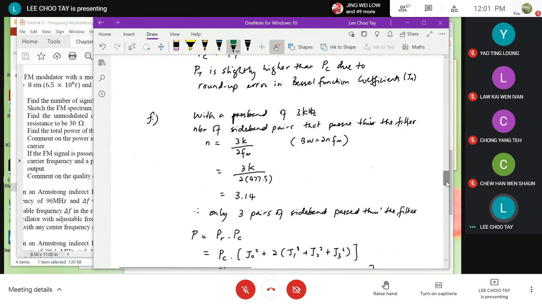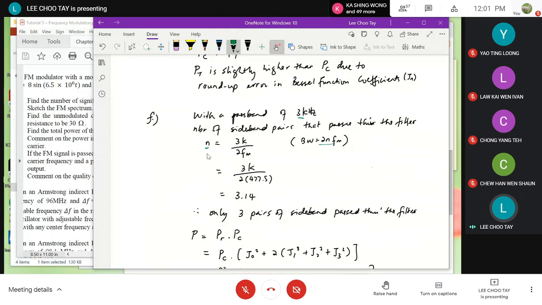With the passband of 3 kilohertz, the number of sideband pairs that pass through the filter is basically the passband divided by 2 FM. Why 2 FM? Because the bandwidth is equal to 2n FM, and we want to find n.